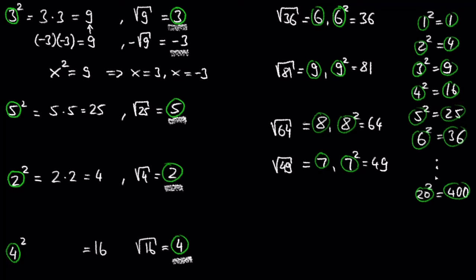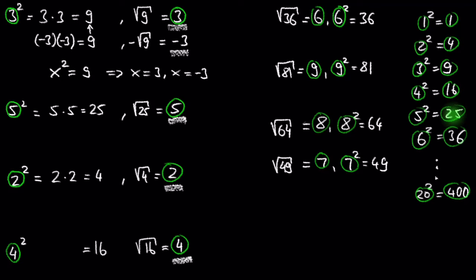We see in this table that roots and exponents are the opposites of each other. 3 squared equals 9. And the square root of 9 brings us back to our number 3. 4 squared equals 16. And the square root of 16 brings us back to our number 4. 5 squared equals 25.